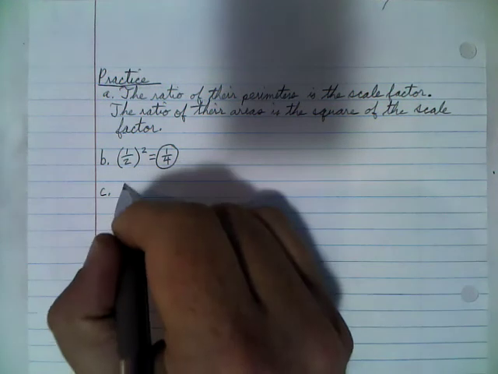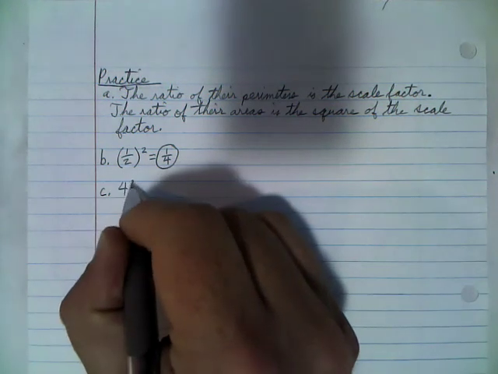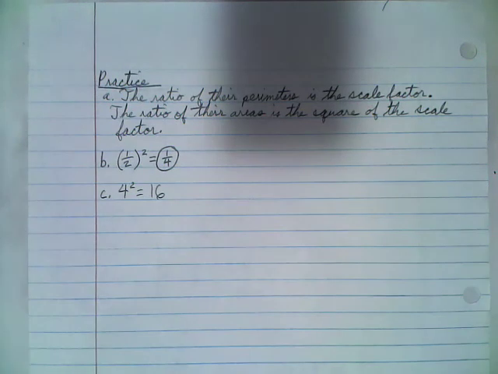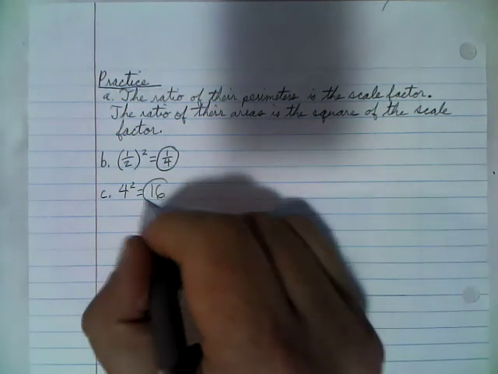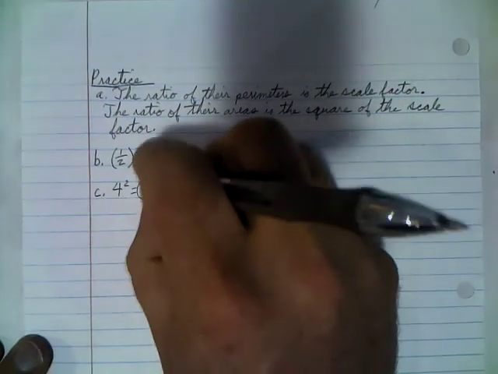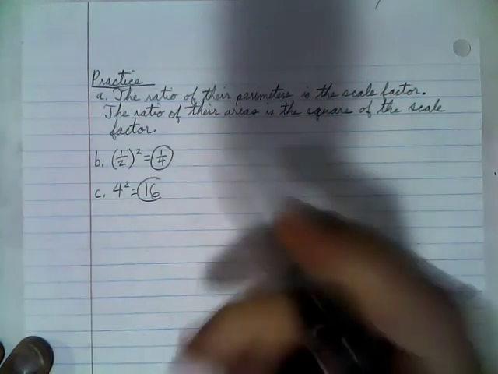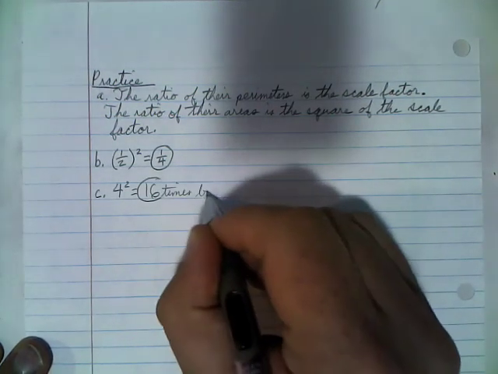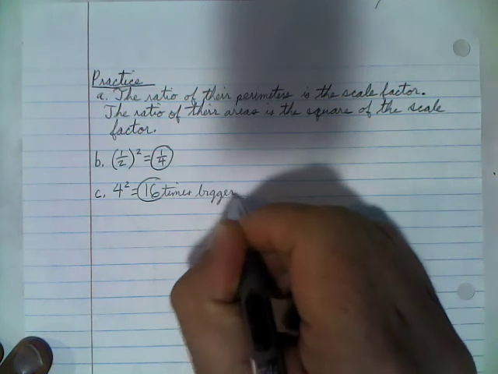So scale factor, and it's 2-dimensional, so that means it'll be 16 times the area of the original. Oh, actually, you know what? For good measure, 16 what? 16 times bigger. Yeah, let's put that in.